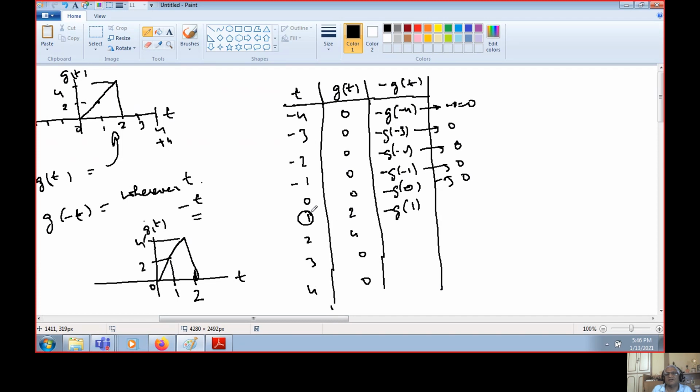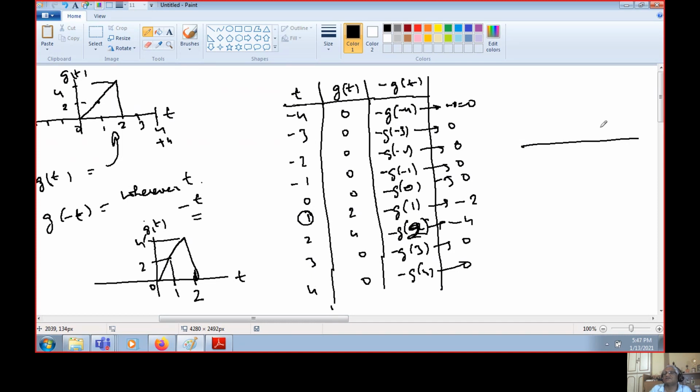G of 1 is 2. What is minus g of 1? It has to be minus 2. Understood? And similarly here, minus g of 2 has to be minus 4. And minus g of 3 has to be 0. This is minus g of 4 has to be 0.